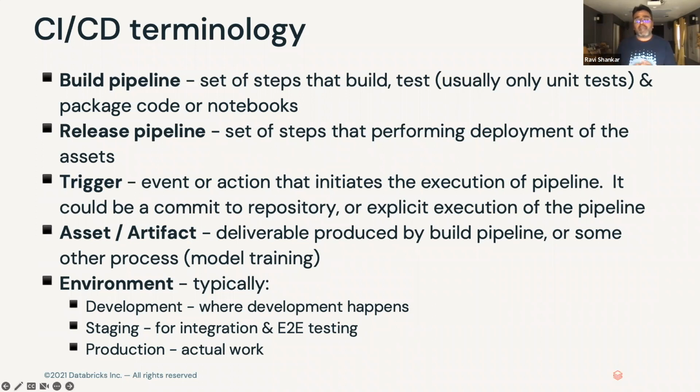At that point, every time code gets merged, that could be a trigger. So when code gets merged, I want to go to the next step and start deploying that in staging, and then give me the test results. So anything that initiates a pipeline is what we call a trigger.